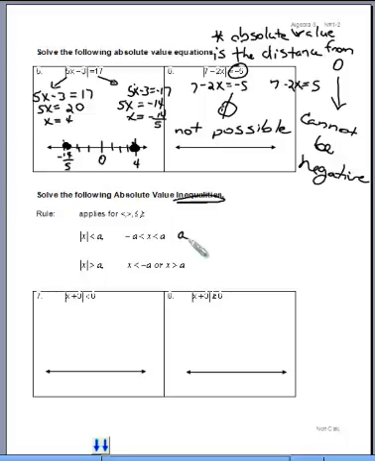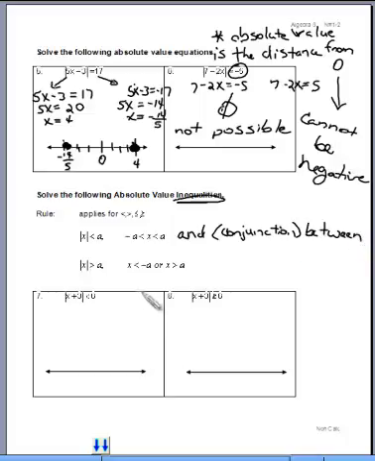It's and. Your answer is going to be and. It's one way to look at it. It's a conjunction. And the x is between two numbers.